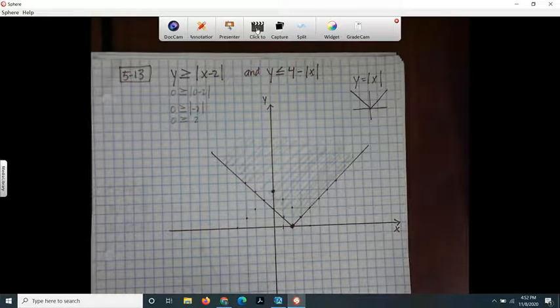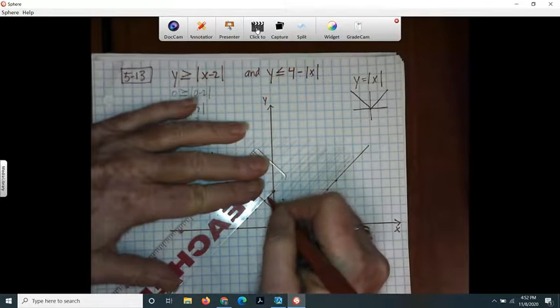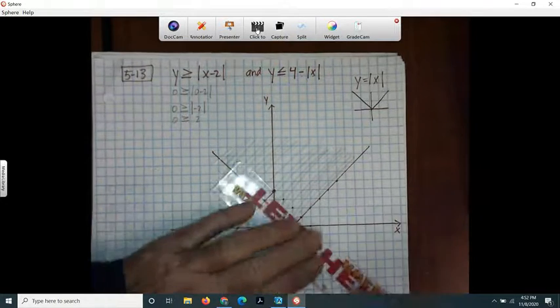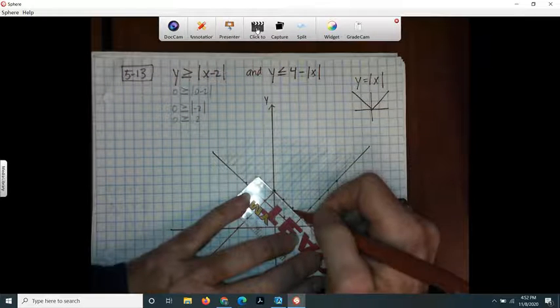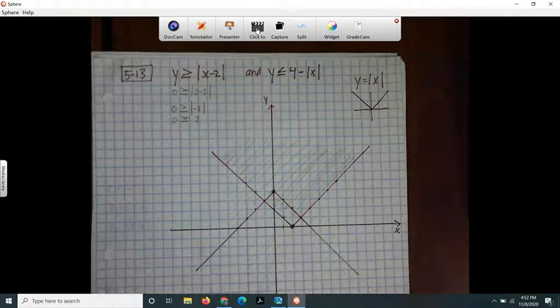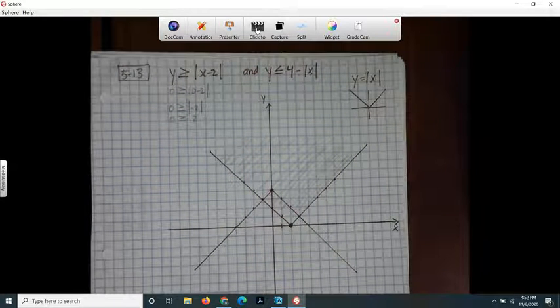I put some of those dots in there just to help me with my ruler to line it up so it's actually straight. Okay, and we need to figure out the shading first.